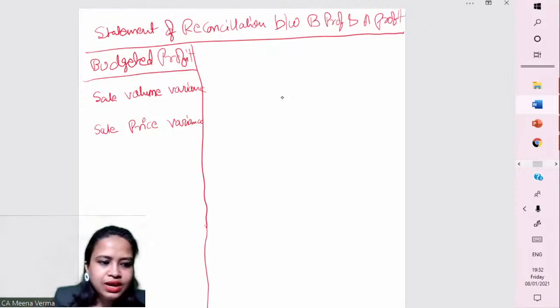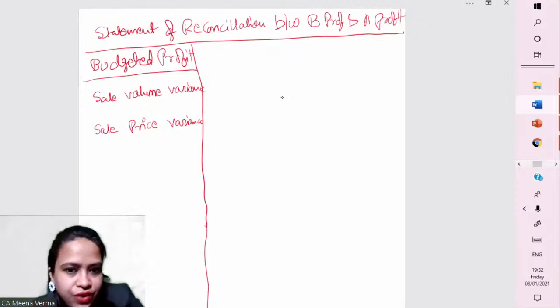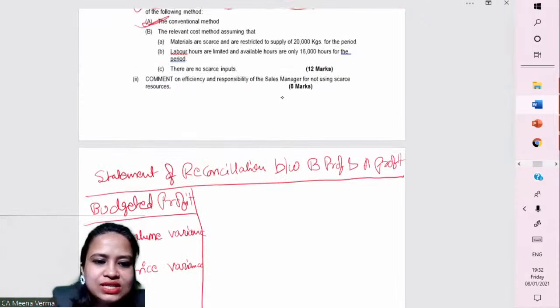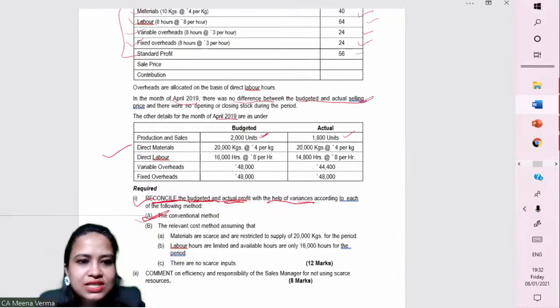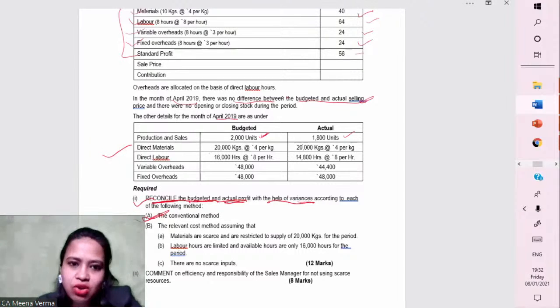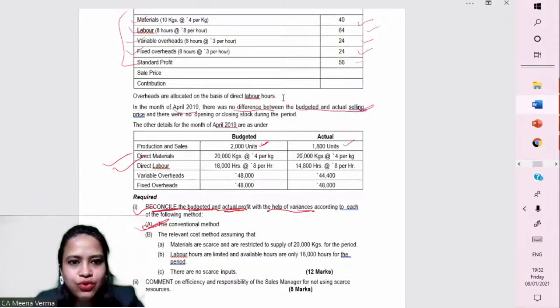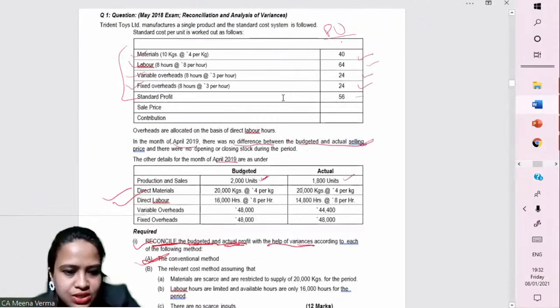Now for finding the cost variance, the cost can be further divided into material cost. In this question, since the information related to material is given, we have to consider the material cost variance. Then the information related to labor is given, and that is why we have to find the labor cost variance.